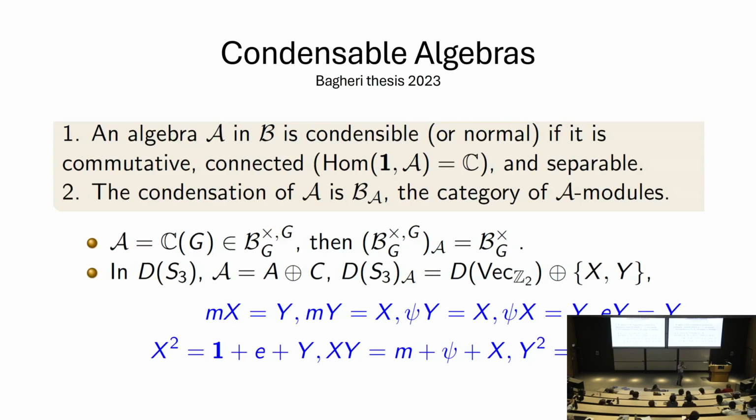So I'll give you the examples. Take the double of S3, and there's A plus C. If you gauge, you get the toric code plus defects, which are confined, so I threw them away. You want to go backwards. On the toric code, there is a non-group symmetry, which is: take the object E, your electric particle, add 2, which is 2 times the unit.